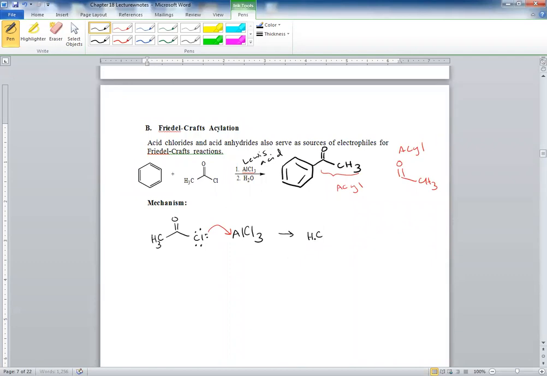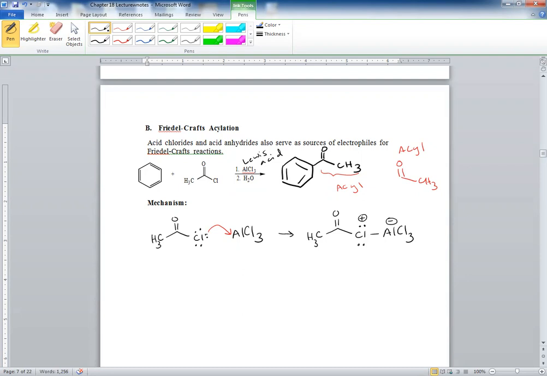So you have the outcome where, again, the chlorine is attached to the aluminum chloride. There's a negative on the aluminum and there's a positive on the chlorine.